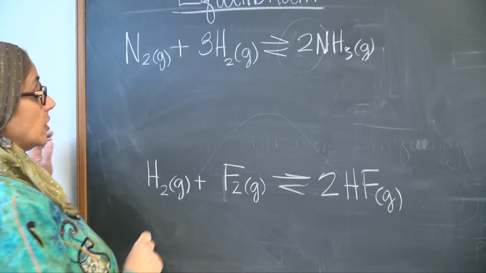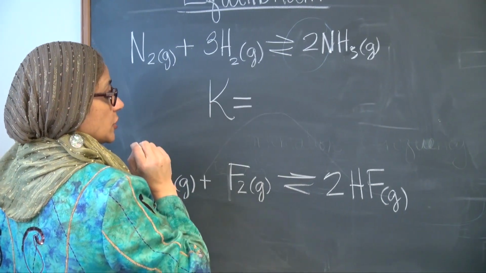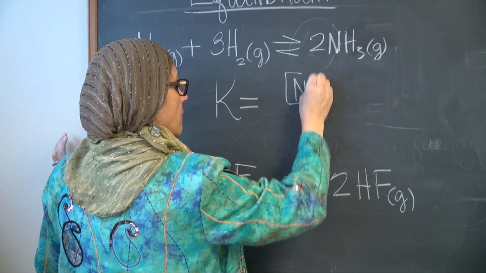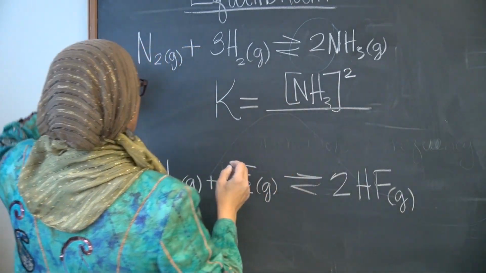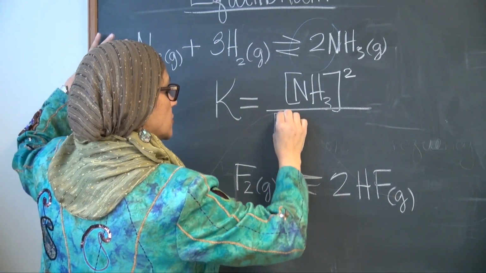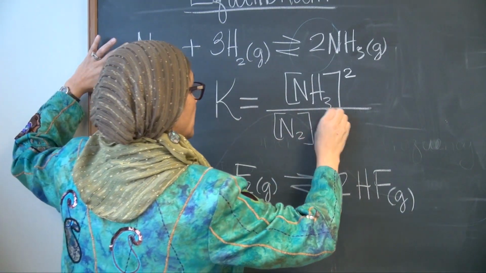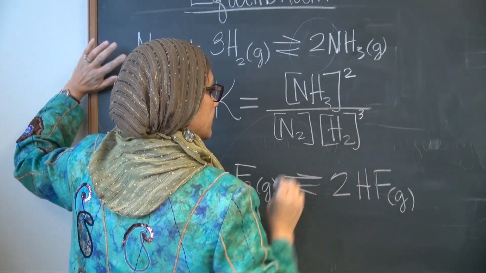Okay, the equilibrium constant expression will be K is equal to the concentration of products. These are the products. We have ammonia squared divided by our reactants, which are nitrogen. We have only 1 nitrogen, so we have a power of 1. And then we have hydrogen. There are 3 moles of hydrogen, so it's hydrogen cubed.